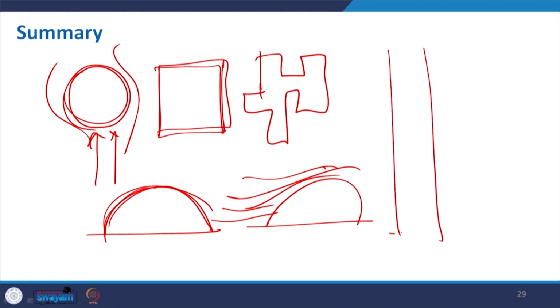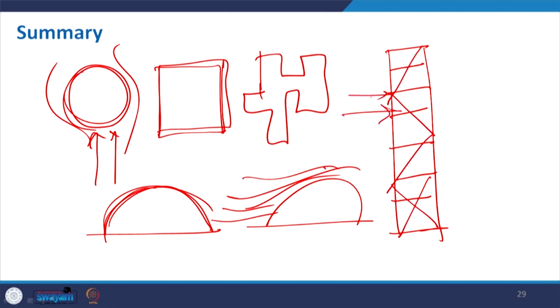Along with your regular members, we need to add some diagonal bracing, which will add more stiffness to the structure and will also resist the lateral load created by the wind.